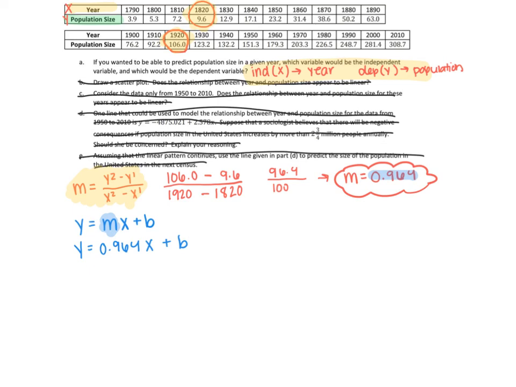From there, I want you to change your y and your x to an actual point that they give us. I want you to use this 1921. So you're going to be turning your y into 106, and you're going to be turning your x into 1920.